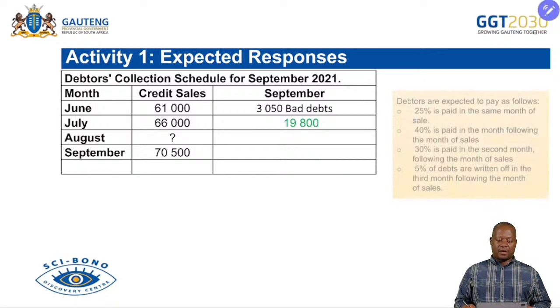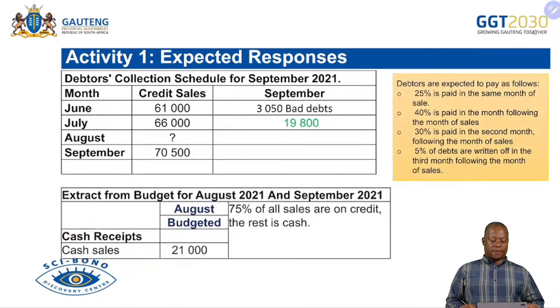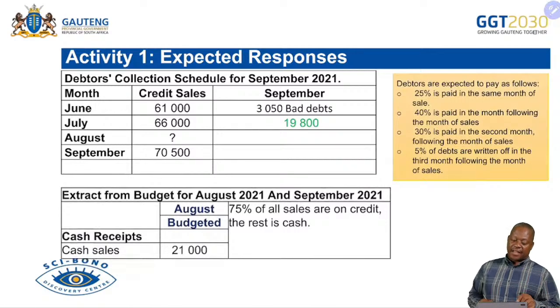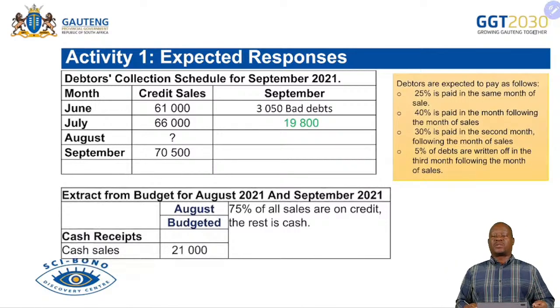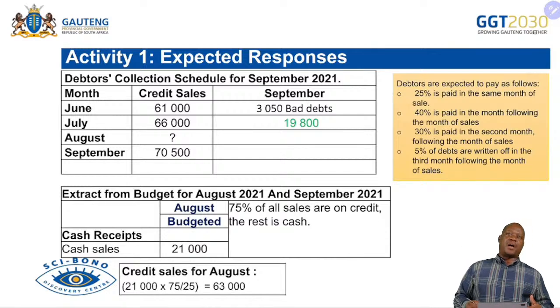Followed by, we need the August credit sales. If we are given that the cash sales are 21,000, and we know cash is 25%, then we can find the credit sales for that same month. How do we go about it? 21,000 times 75 over 25.